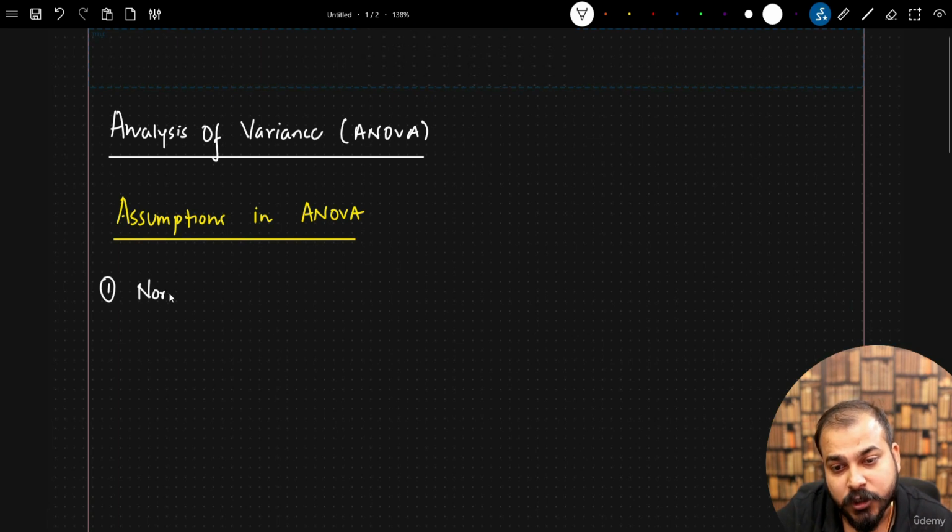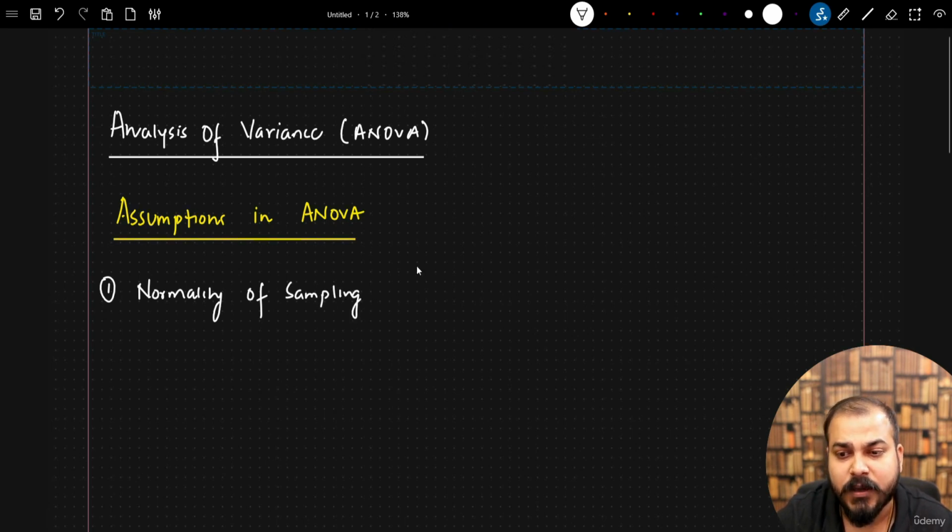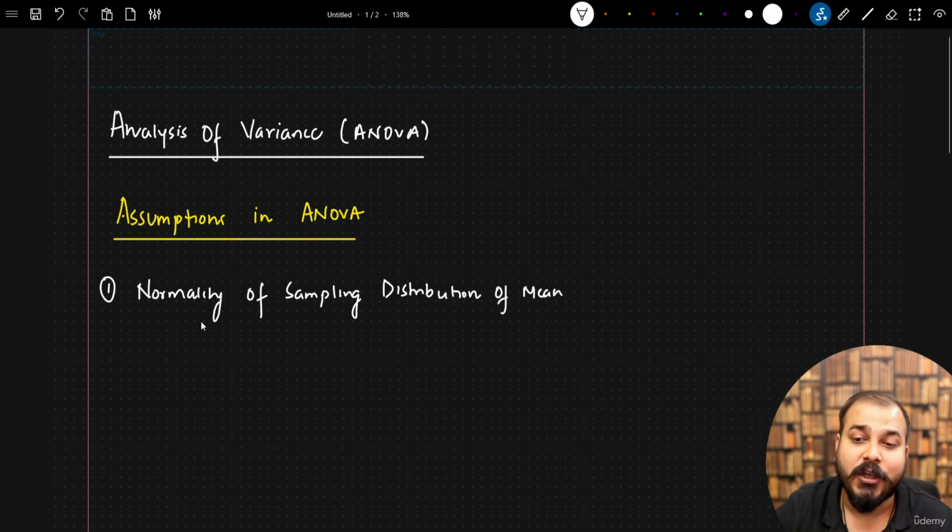Now coming to the first assumption. The first assumption is something called normality of sampling distribution. We'll make you understand what exactly this is. Normality of sample distribution of means. Whenever you hear this term, sampling distribution of mean, and when you think about normality, the central limit theorem should come to your mind.